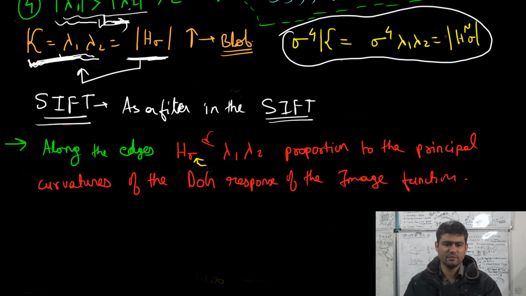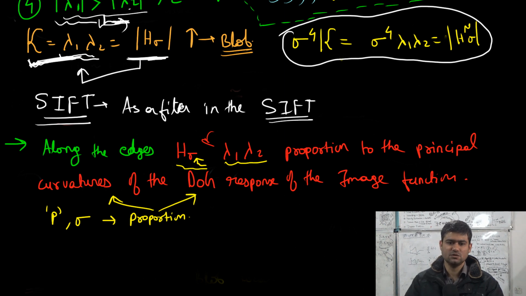So at any given pixel coordinate p and scale sigma, these eigenvalues are proportional to the principal curvatures of the difference of Gaussian response of the image function.